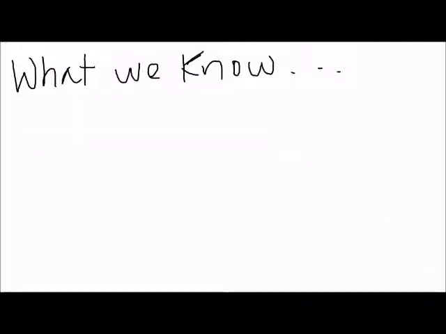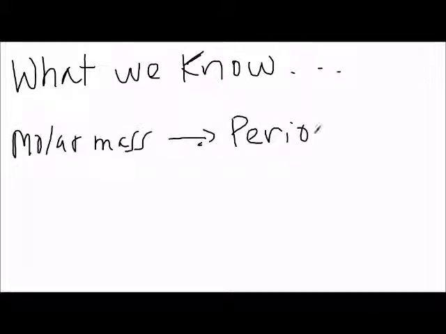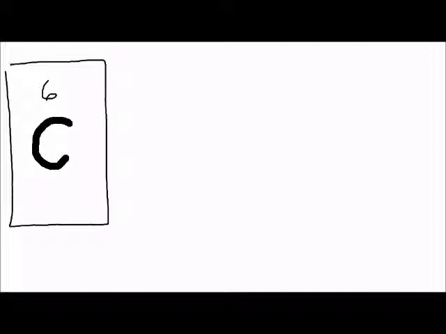Since today is review, there's some things we already know. One thing we know is molar mass, and we know we get that from the periodic table. If we were to look at the periodic table and look for carbon, we know that carbon has an atomic number of 6 and it has the molar mass of 12.01.